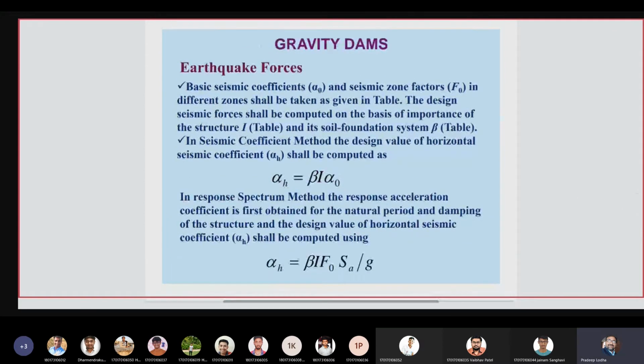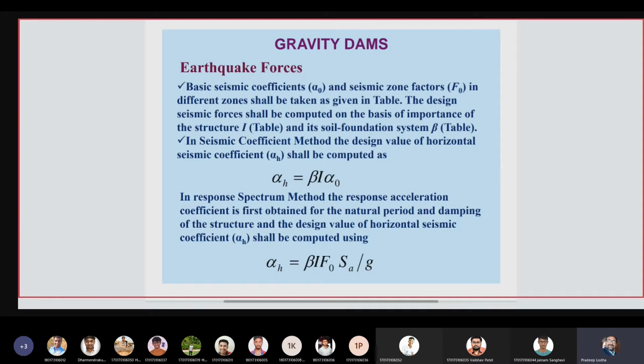This is a very important slide to understand how the earthquake force is really important. In both cases, the first the seismic coefficient method and the second the response spectrum method, the formulas are written for what we are calculating: alpha h, the horizontal seismic coefficient.